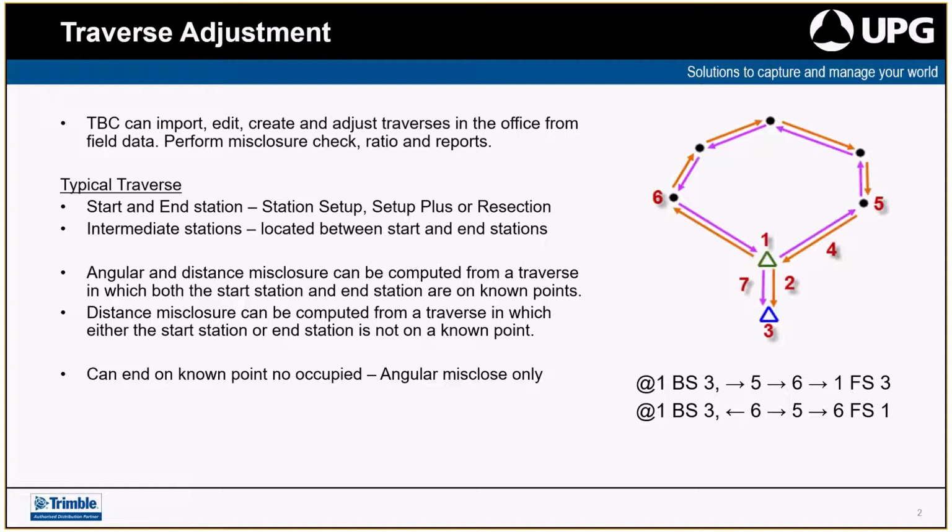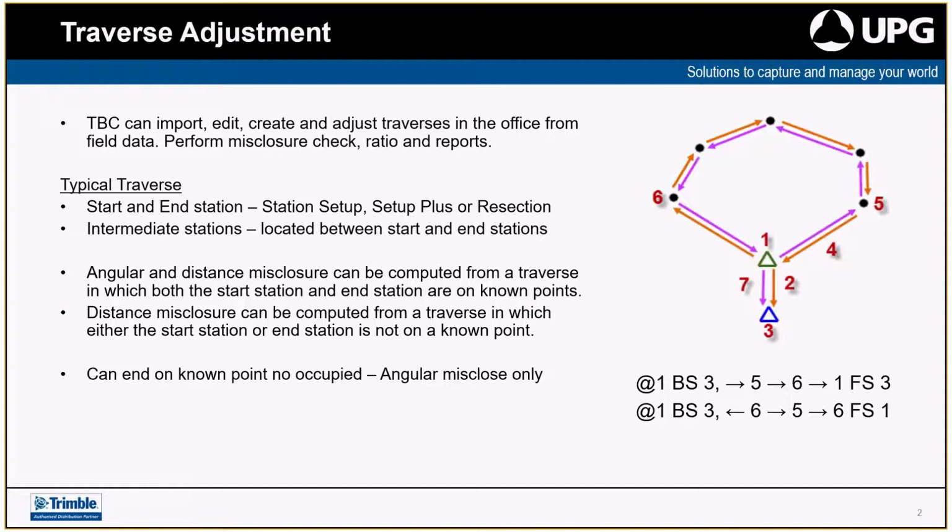Now, the way TBC looks at Traverse adjustments, you obviously will have to start and end on a known station, or at least have some connection to a start and an end station. In a typical Traverse, you'll start on one point, traverse through, and then most likely finish on that same point.